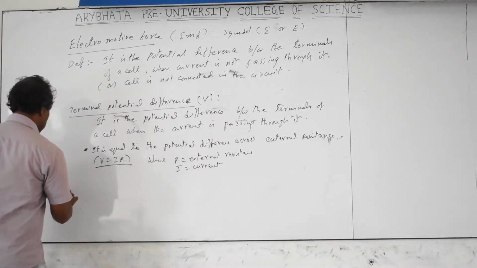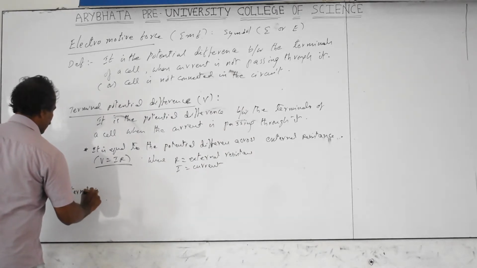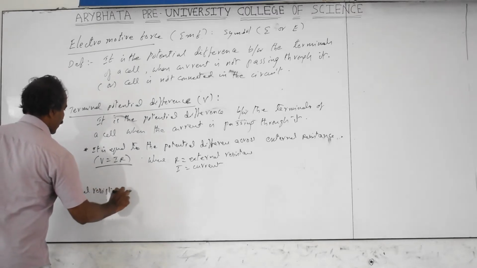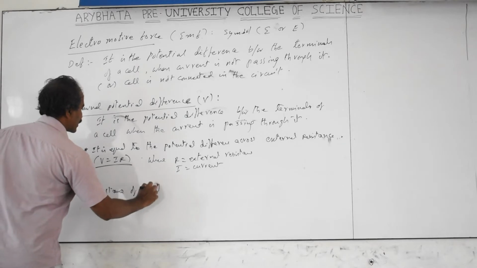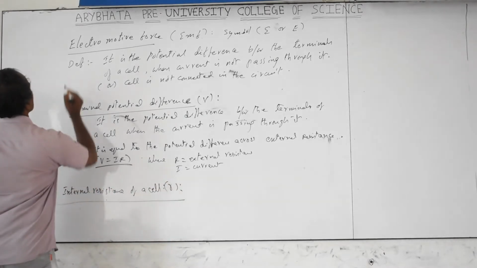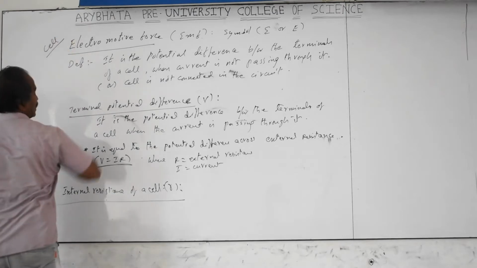Next is the internal resistance of a cell. The symbol is r in most cases. These are the points related to the battery cell.